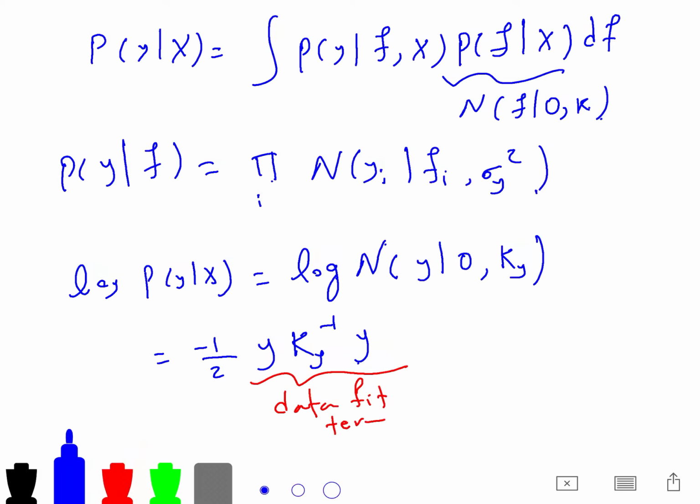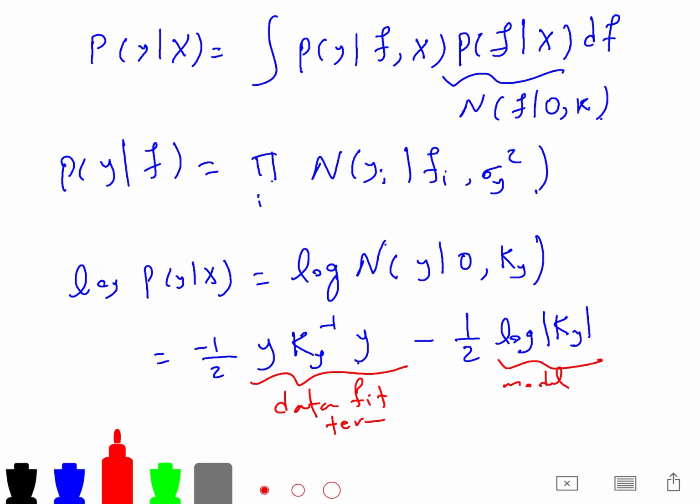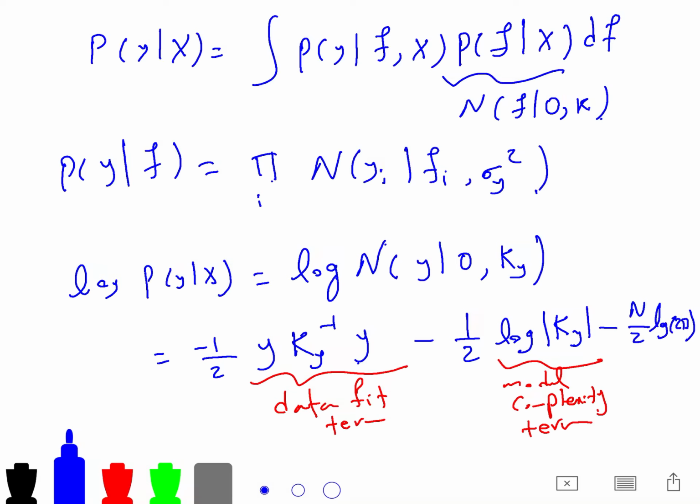So in your company, you should talk about these things, because it's a trade-off between this term and this term, which is called the model complexity term. And minus n over 2 log of 2 pi, which doesn't matter because it's constant.